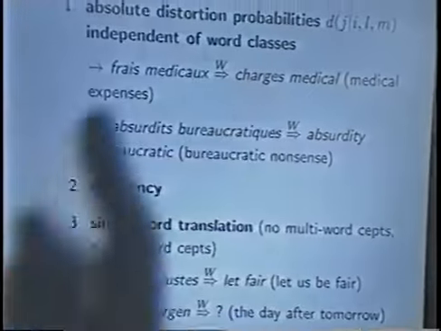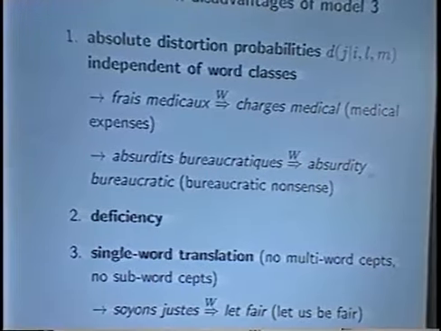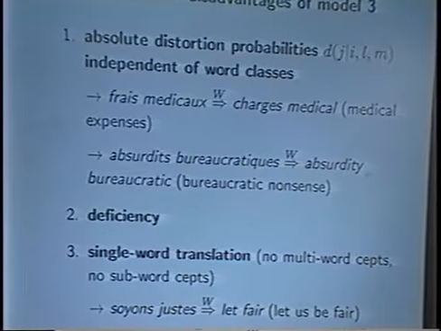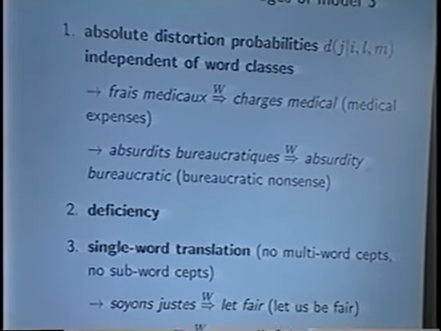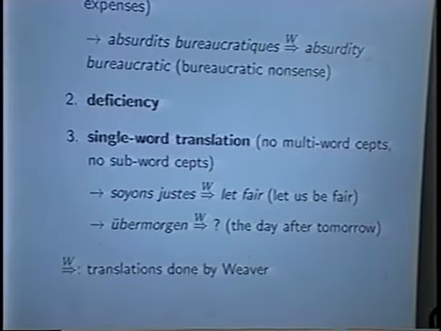Once again, the 3 main disadvantages of Model 3. One I already mentioned in my first talk are the absolute distortion probabilities, and I developed during the workshop some kind of Model 4 which allows for relative distortion probabilities. But the difference between this Model 4 and the complete Model 4 is that it's independent of word classes.